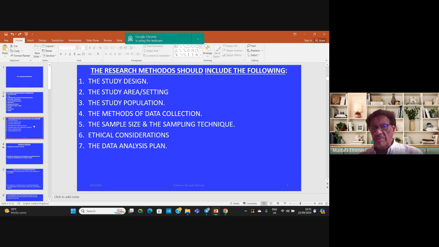The research methods should include the study design, whether it is descriptive or analytical or experimental, as well as we have to describe the study area or the setting, which is so important that we describe the administrative and geographical location of the study area and the study setting.